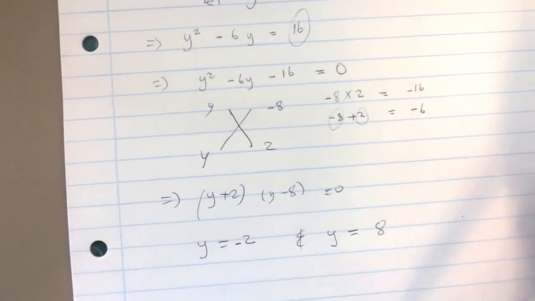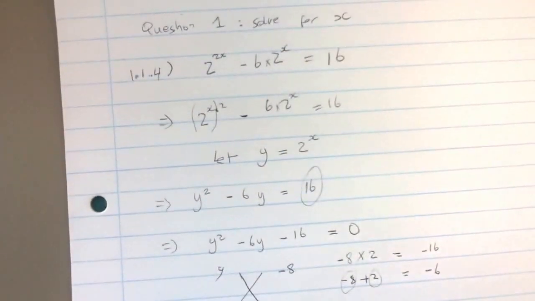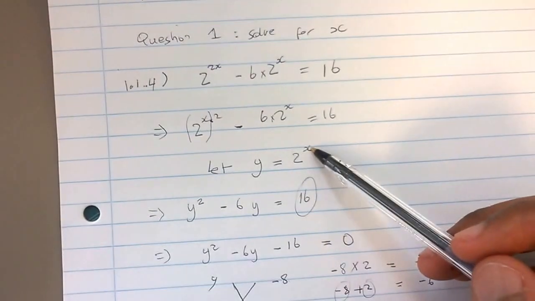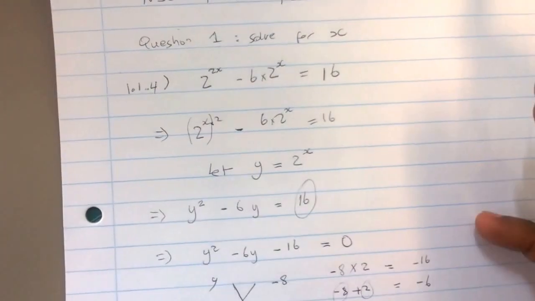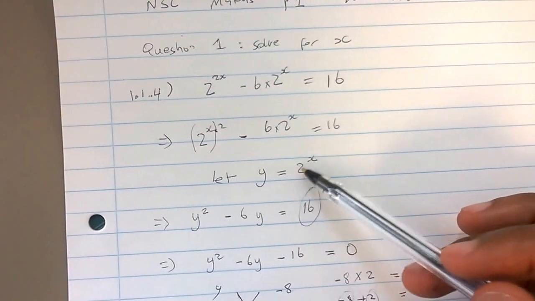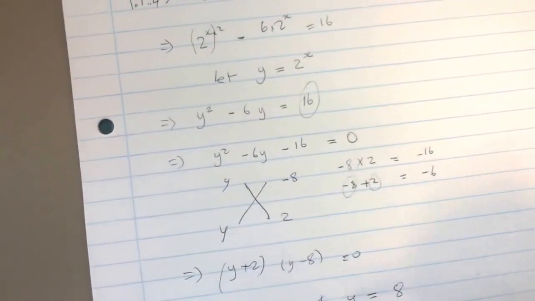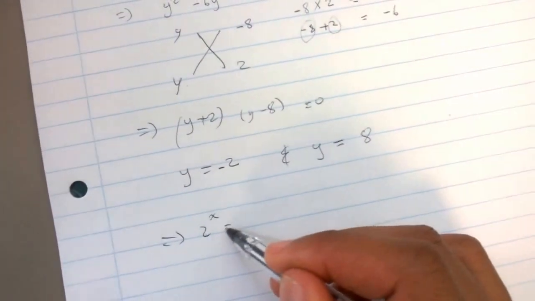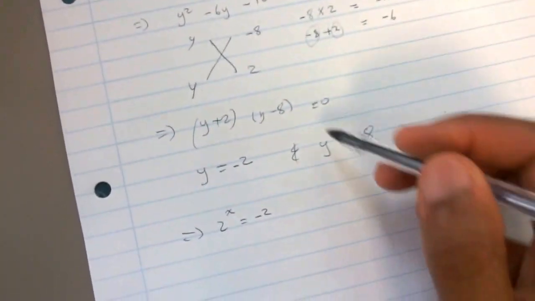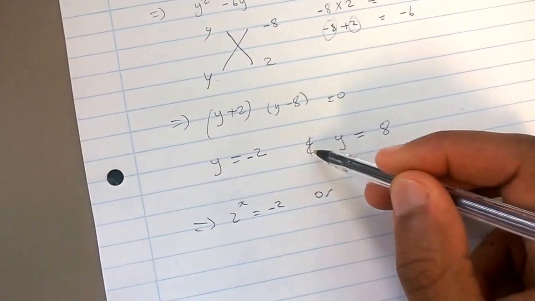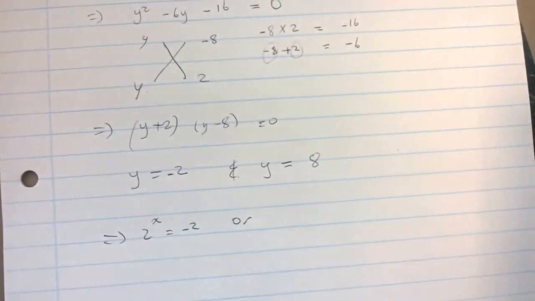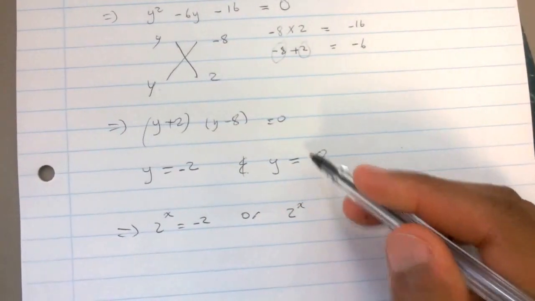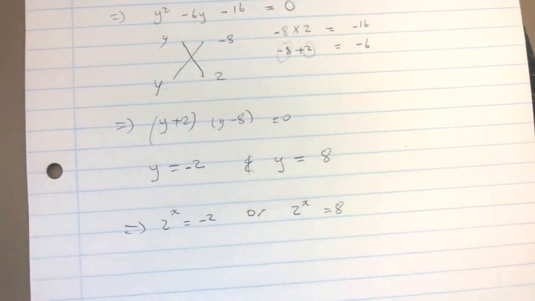We made the substitution where we said let y be 2 to the power x, and we're solving for x. So all we simply do is put 2 to the power x back in the place of y. In other words, you have 2 to the power x equals -2, or, don't put and, try to put an or, 2 to the power x equals 8.